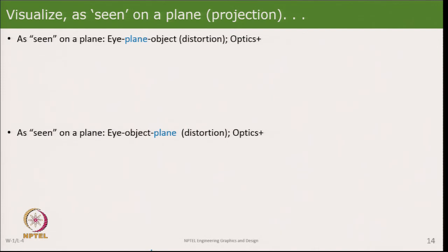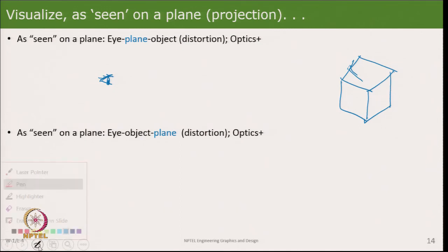We now look at 2 other techniques by which we can visualize. One is that we have an object there, and we are looking at it over here. But what we do now is something slightly different.